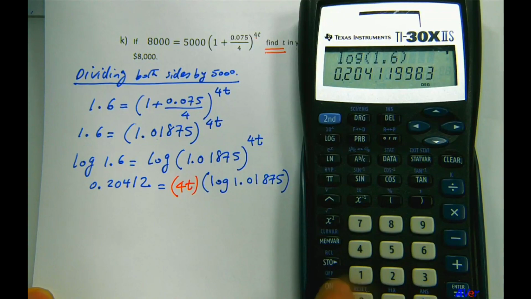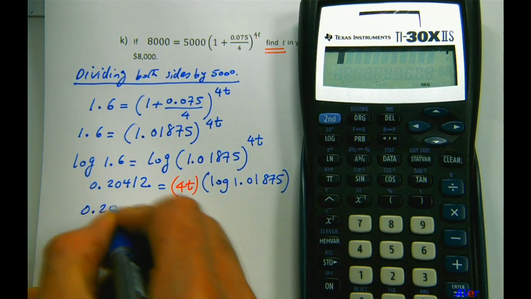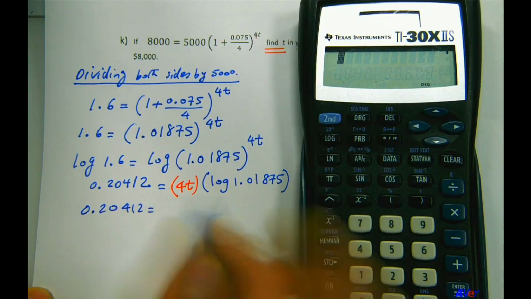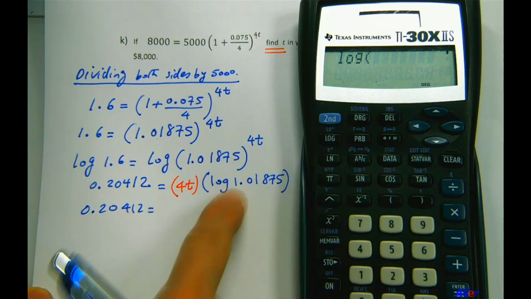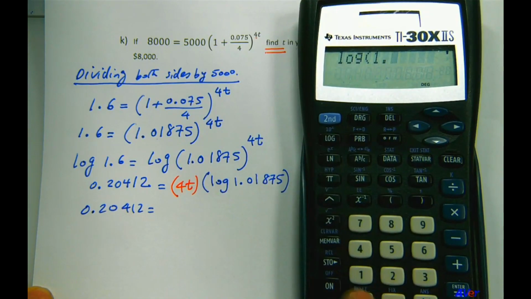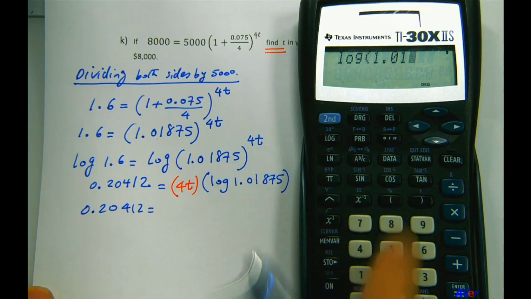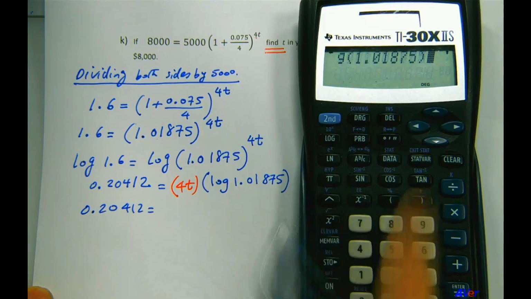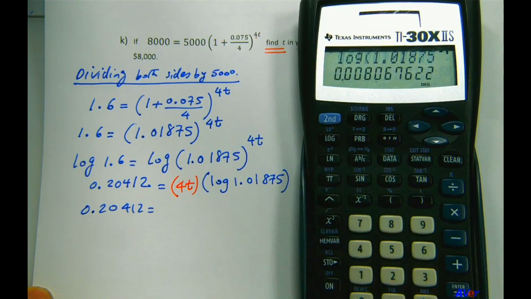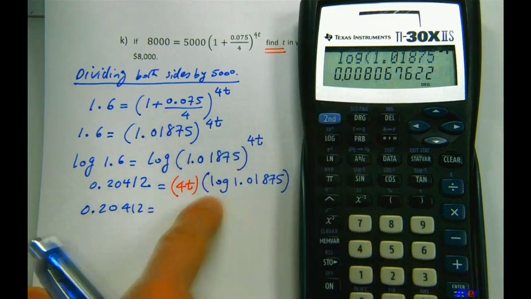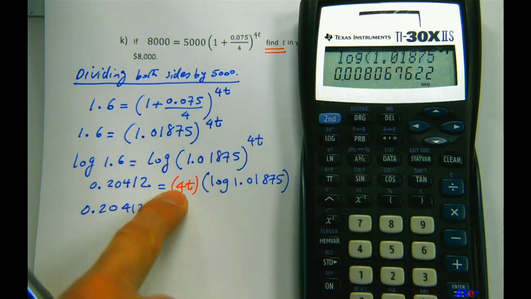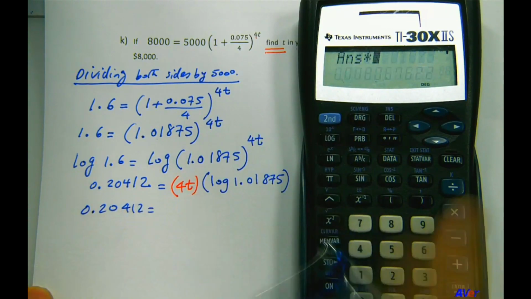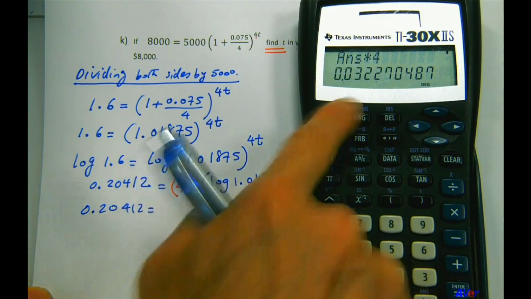Okay, so let's do that. On the left, we're okay, 0.20412. Now, let me take the log of that. Log of 1.01875. Enter. I get this number. When I take the log of that number, I get that number. Multiply it by 4, we get that number.